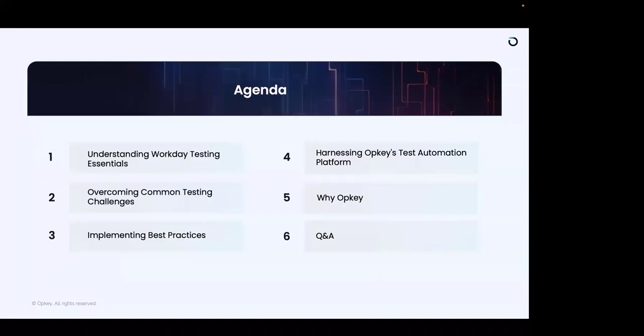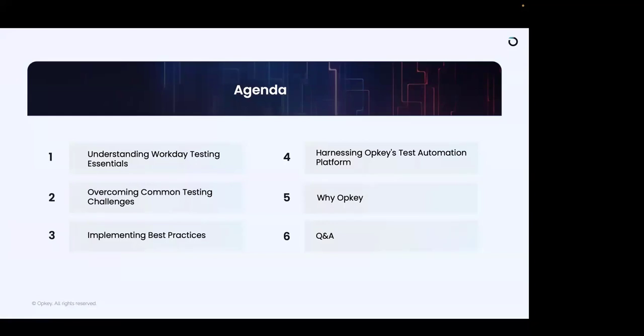So we'll be covering understanding the overall landscape of Workday testing and what it entails and where to emphasize. How to overcome the challenges, not only in test automation, but overall in the testing lifecycle, implementing best practices, and how to go about Workday testing on the BAU cycles or the patch release cycles.